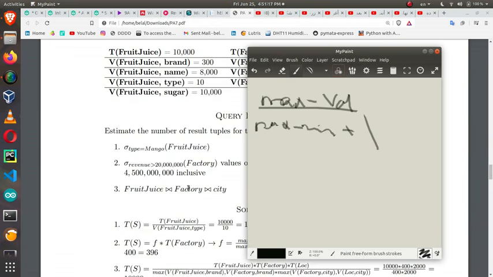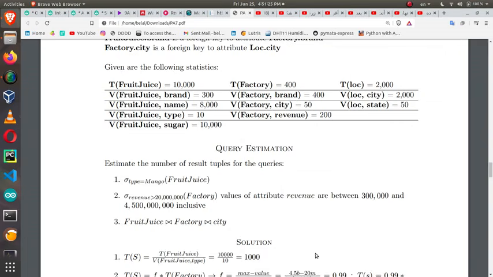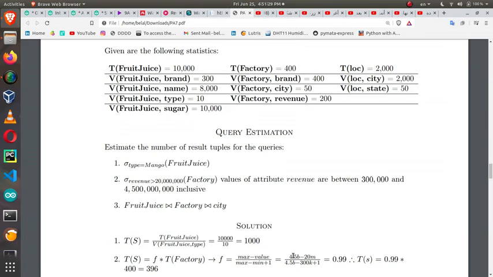The maximum is 4.5 billion and the minimum is 300,000. Sorry, the value is 20 million. So 4.5 billion minus 20 million over 4.5 billion minus the minimum 300,000 plus 1.